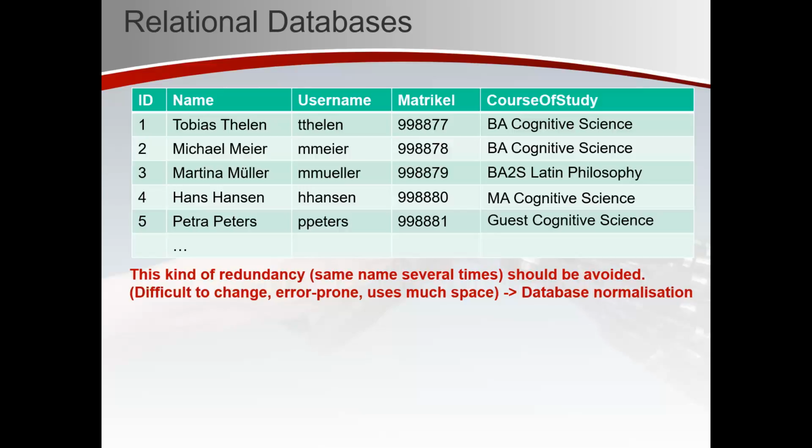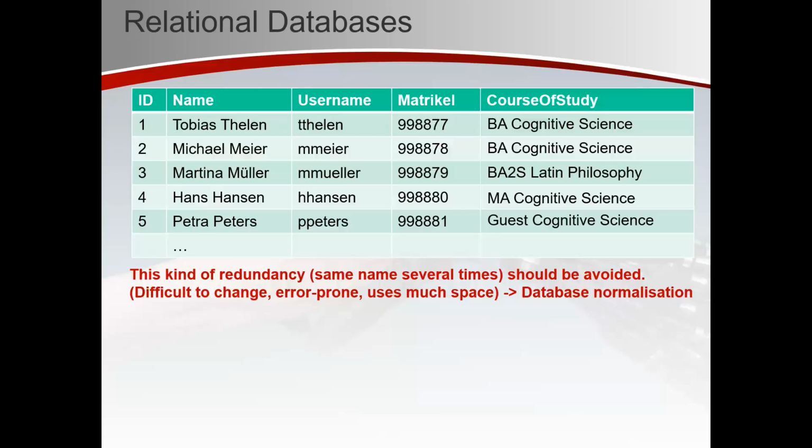So if it's renamed, for example, if it's in some kind of unforeseen manner to be changed, then it's difficult because we have to do it in every place where it appears. It's error prone. If we have a typo like Cognitive Science without a C or whatever, then it's no longer considered to be the same. It uses much space, strings, it's 40, 50 characters and so on.